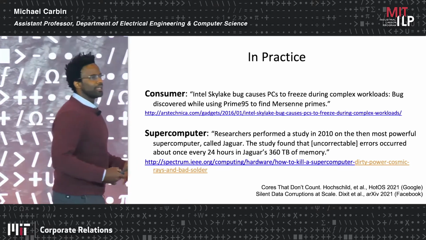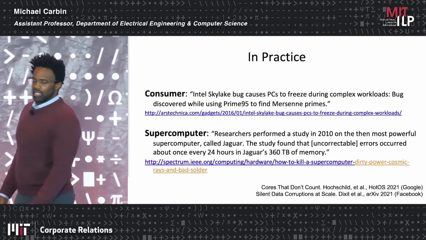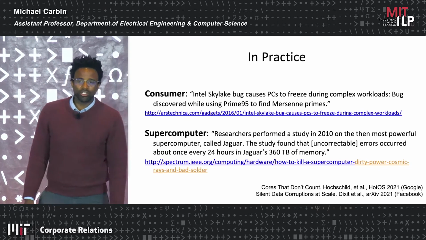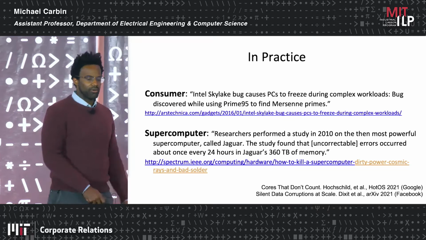So these types of reliability issues are a first-order concern in designing these types of systems. And if you're interested, both Google and Facebook put out some very interesting papers in the last year accounting some of the issues that they're seeing in these types of silent errors.